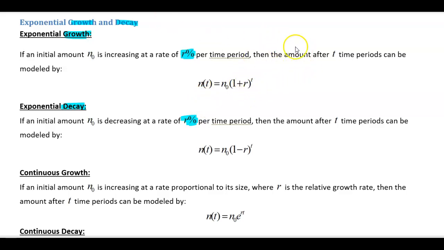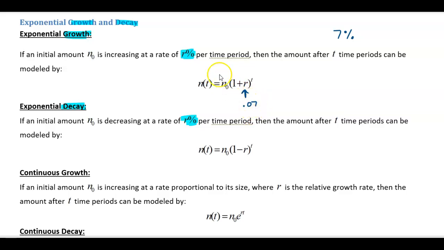So, for example, maybe a quantity is experiencing a 7% increase, okay? So over your time t, you are increasing by 7%. Make sure here when you use your R in the formula, you change that to the decimal version of that percent.